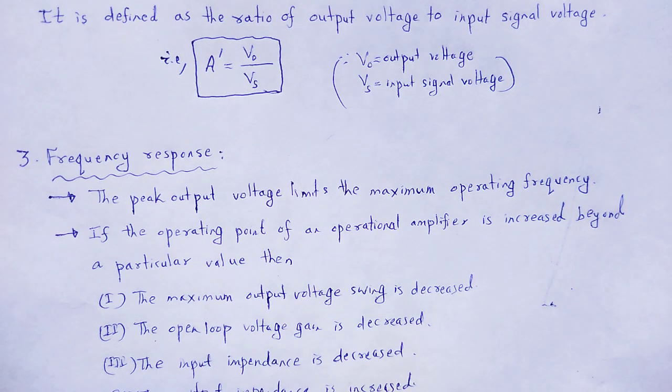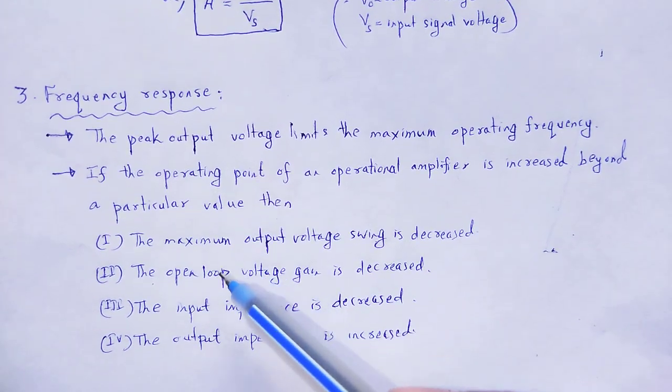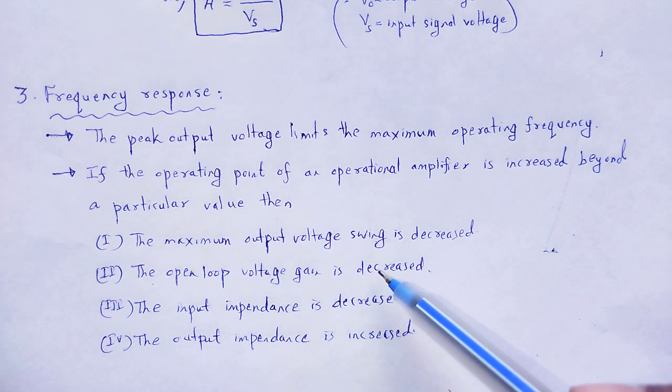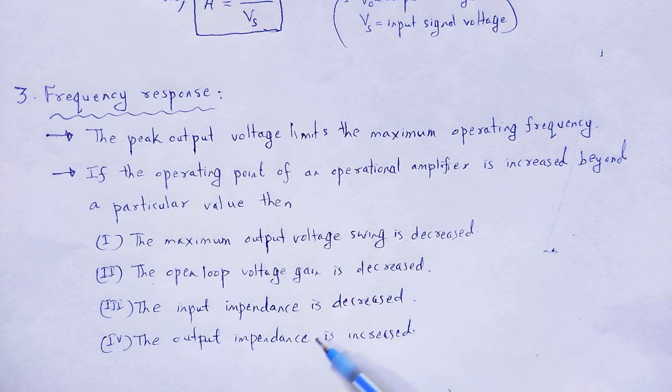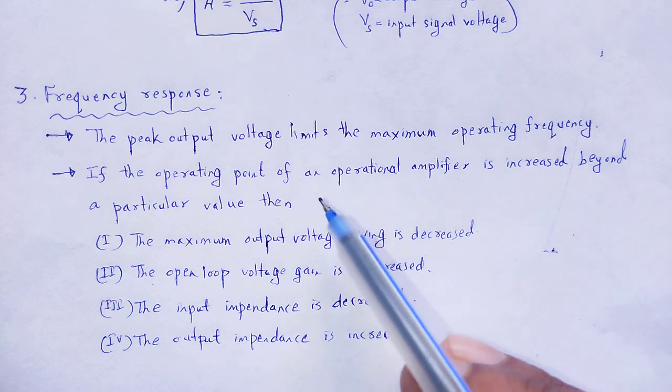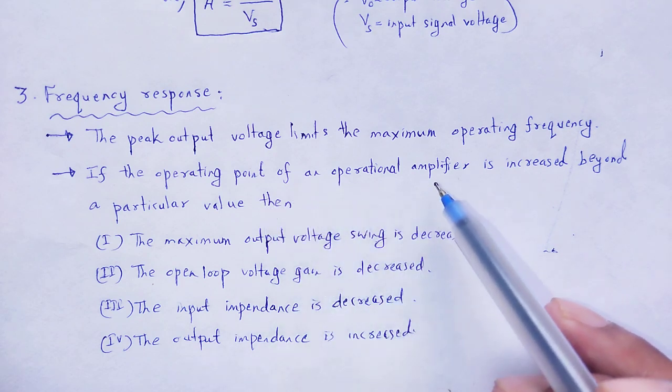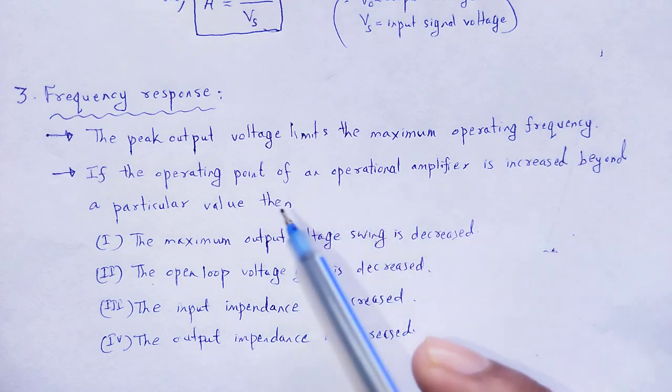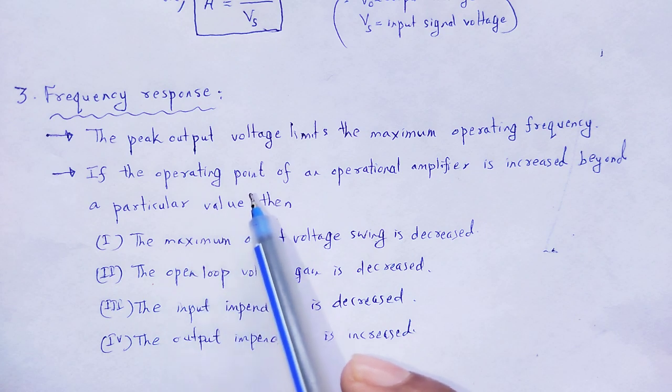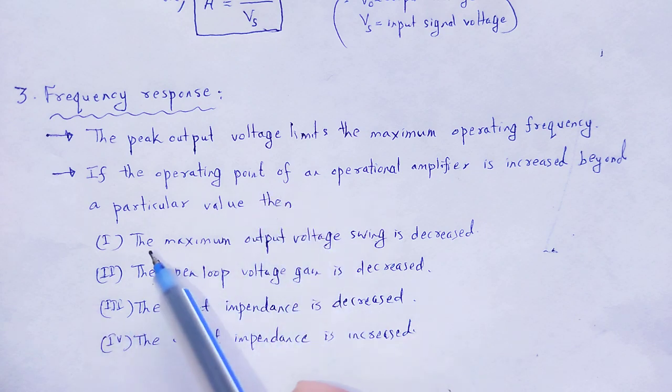In that op-amp, the maximum output voltage swing decreases, open loop voltage gain decreases, input impedance decreases, and output impedance increases. This is the situation when the frequency is increased from a particular operating point. These are the points we noticed.